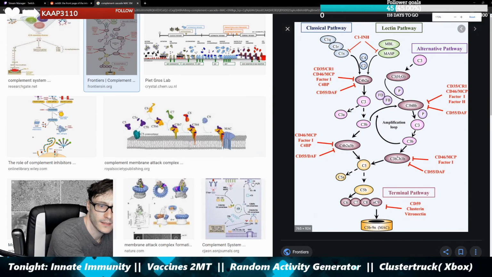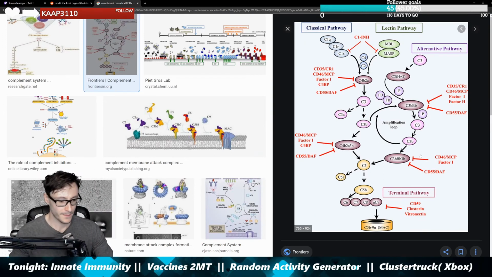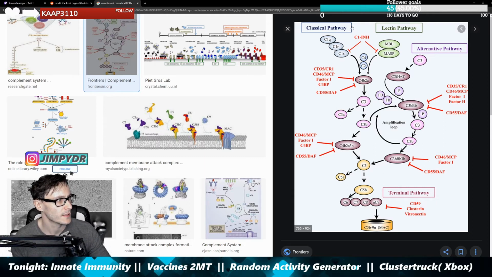It all starts with certain molecules that bind the surface of bacteria. Those molecules bound to the bacterial surface recruit other molecules that then get activated, and then those recruit other molecules that get activated. There's an amplification loop in here as well, which means that you only need a small spark to light the touch paper, and then everything cascades on its own.